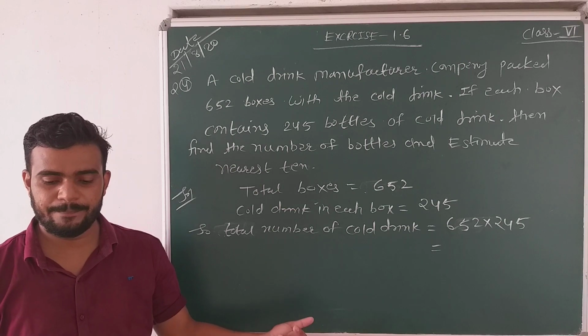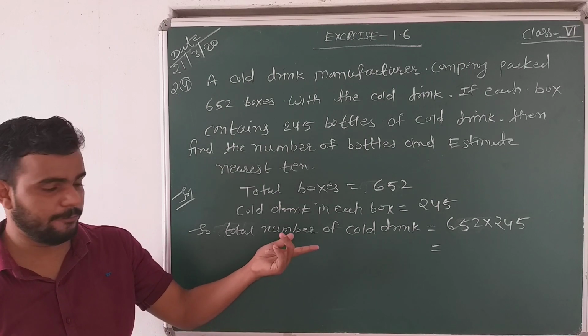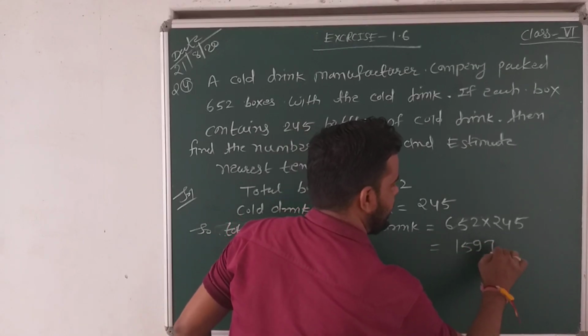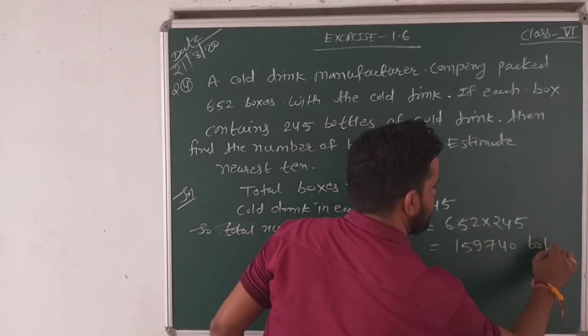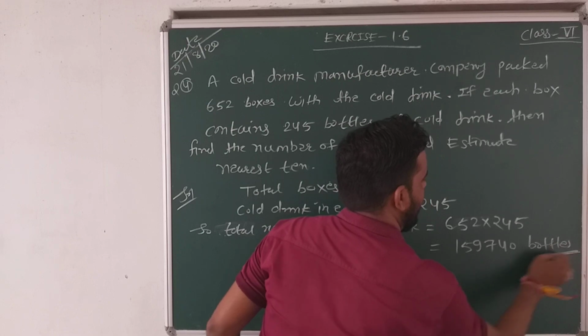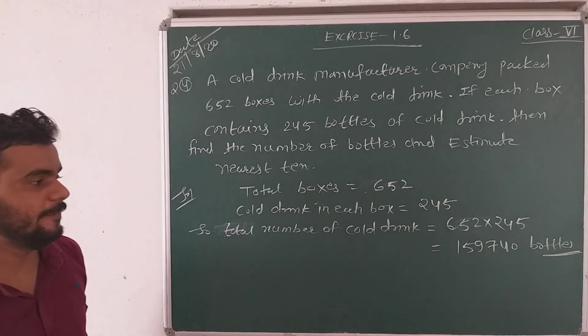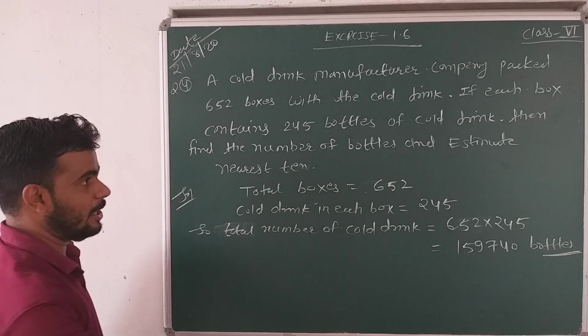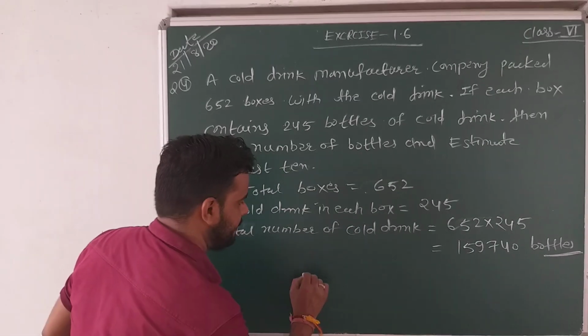Just first 652 multiply 245. So the answer is 1,59,740 bottles. कितनी bottles आएगी? 1,59,740 bottles. So now we have to make an estimate to the nearest 10.